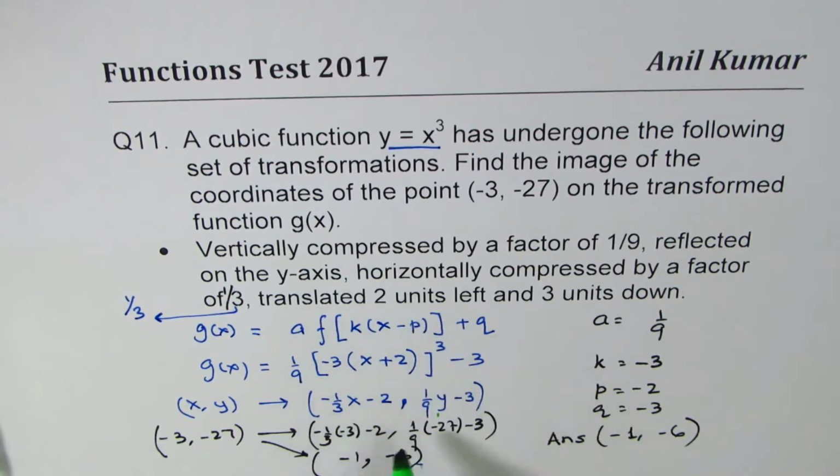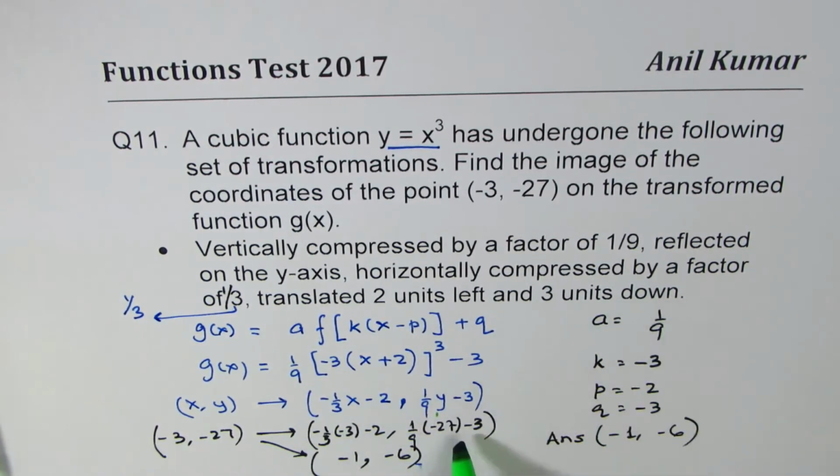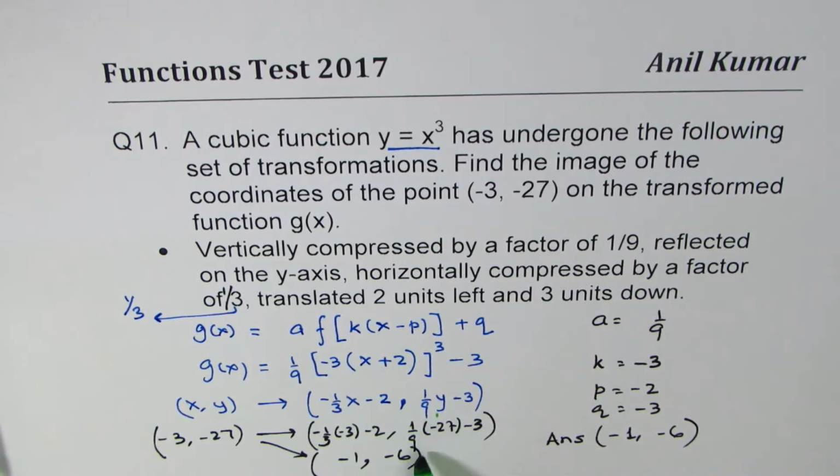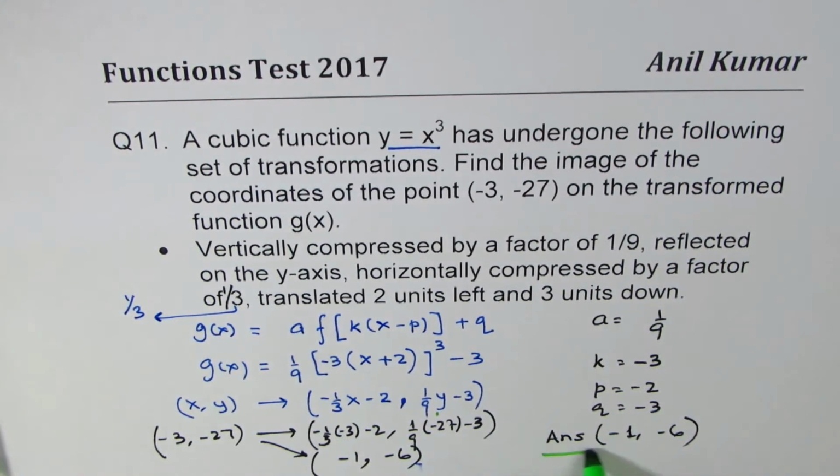Translated 2 units left, -2. 3 units down, -3. Correct? I hope the calculation is correct. -3 times -1/3 gives you +1. -2, +1 is -1. 27 divided by 9 is 3 with a negative sign. Negative 3 minus 3 becomes -6. Correct? So that is our final answer.